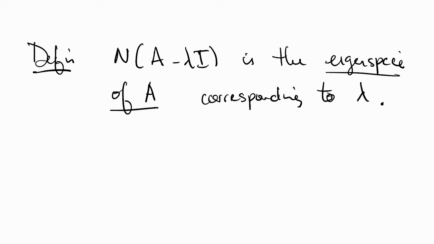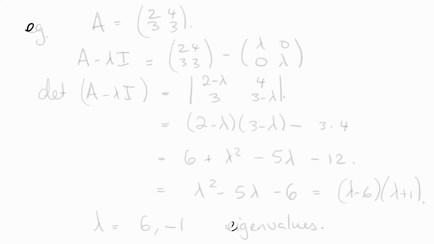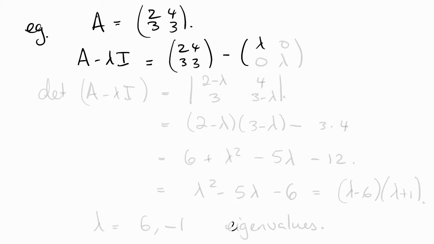Let's do some examples. Example. Say A is the matrix 2, 4, 3, 3. All right. Then A minus lambda I is what we're interested in. This is going to be 2, 4, 3, 3 minus the matrix with lambdas down the diagonal and zeros elsewhere.